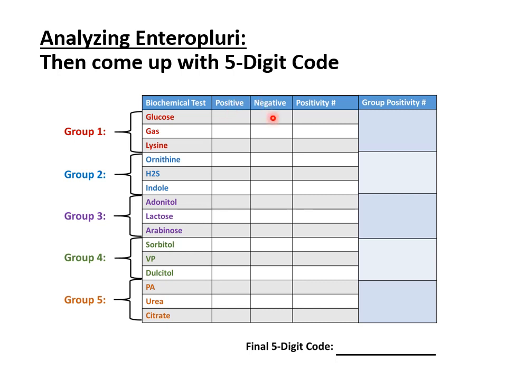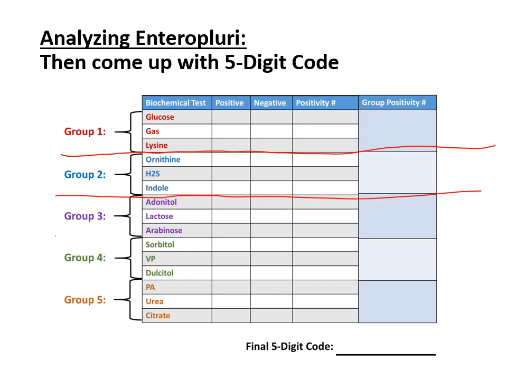Okay? Now, when you analyze an Enterotube, there are two things that you'll want to do first. One is divide up your 15 sections into 5 groups of 3. So whenever you get a chart to analyze for Enterotube, the first thing you'll want to do is draw a line for yourself after every 3 tests to remind yourself what groups you're dealing with.